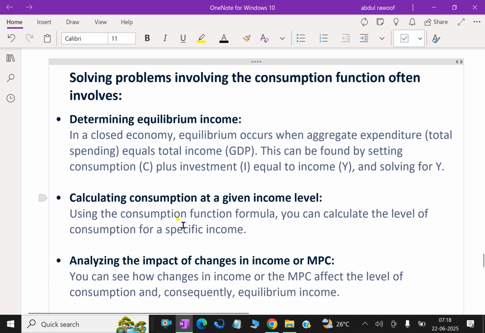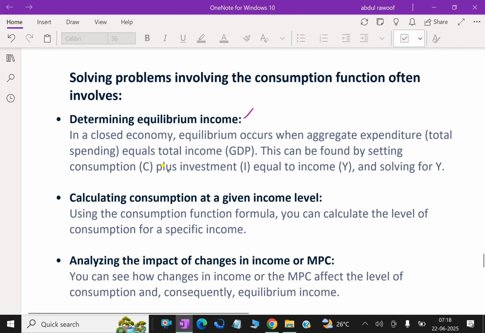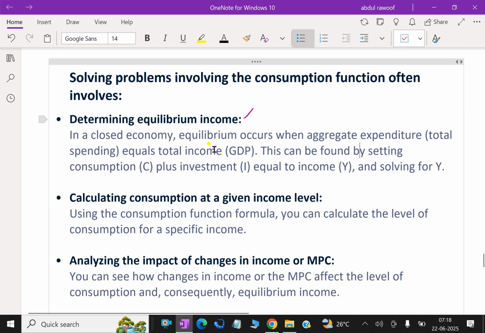Now, let us explain solving problems involving the consumption function. Determining the equilibrium income. What is equilibrium income? In a closed economy, equilibrium occurs when aggregate expenditure, that is total spending, equals total income, GDP.